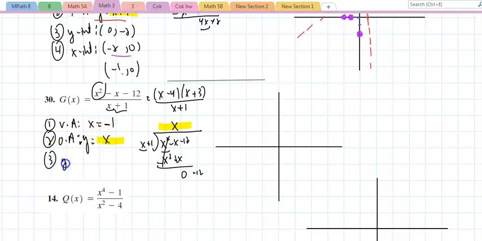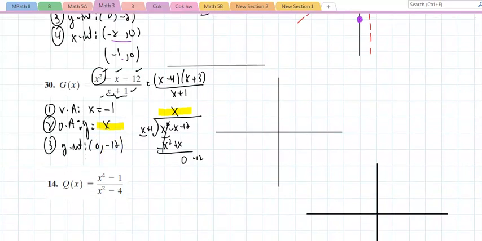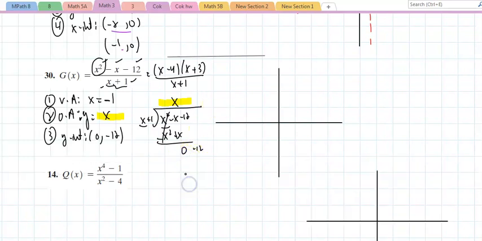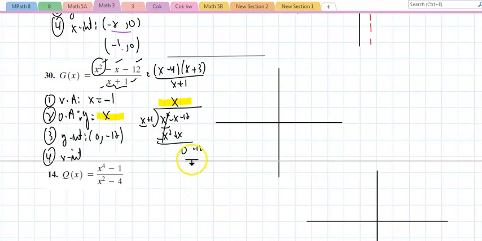3. Y-intercept. Replace x by 0. A 0 there, 0 there, 0 there. Negative 12 divided by 1 is negative 12. And x-intercept. I need more space.